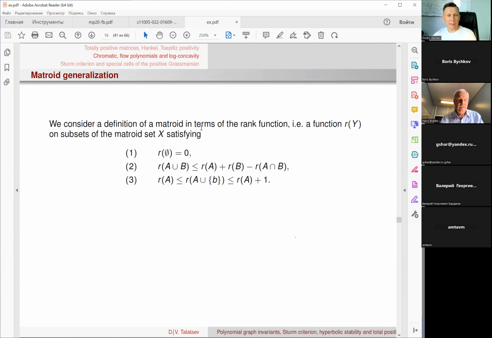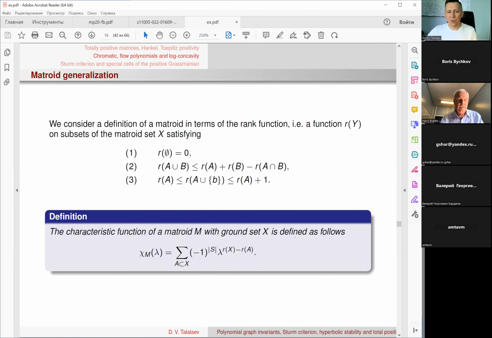So we have some set X and the ensemble of subsets of the set X, and the rank function is a function on subsets satisfying such conditions. Its value on the empty set is 0. It has some property of this type related with the triangle inequality, and this inequality is important in the definition of the matroid.